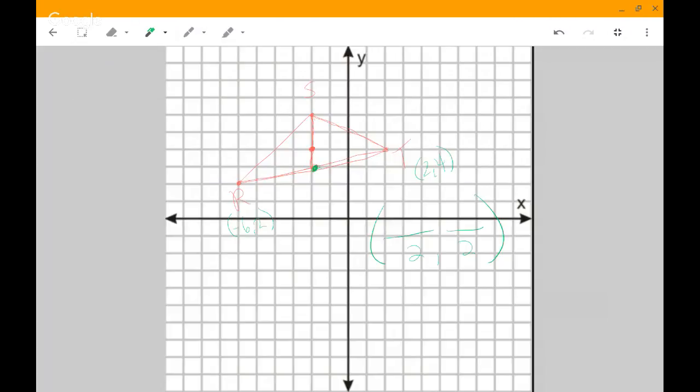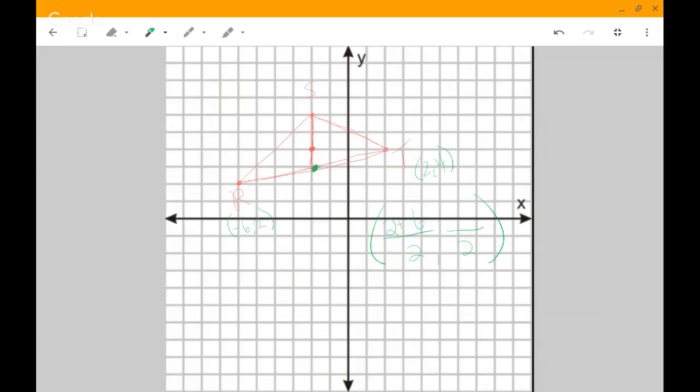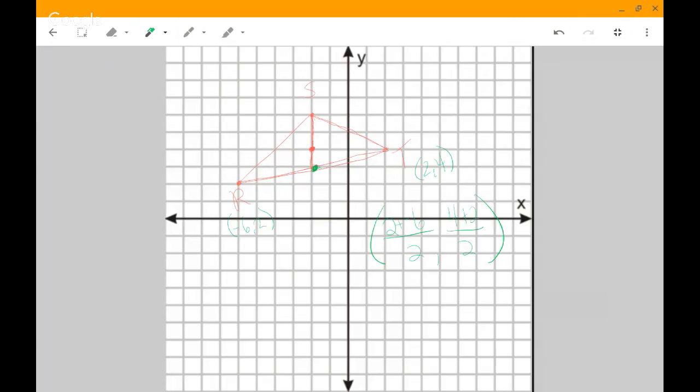What goes on the top of the first fraction? X2 plus X1. So with these numbers, what would you have? 2 plus -6. And then on the second one, 4 plus 2. So it's -2, 3, right?